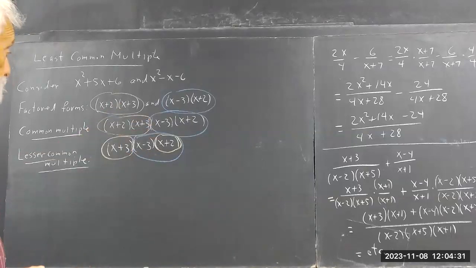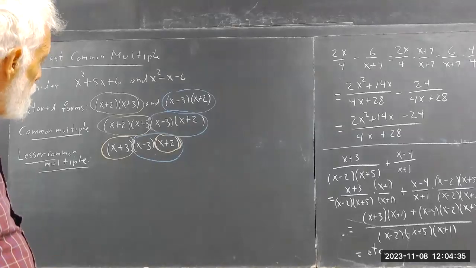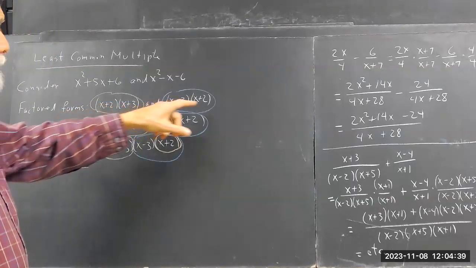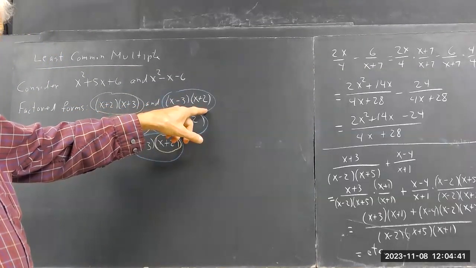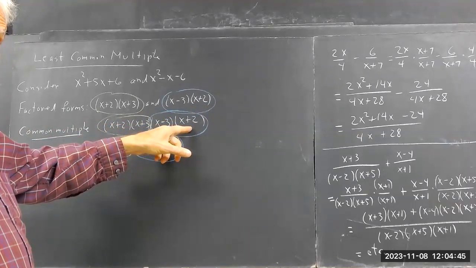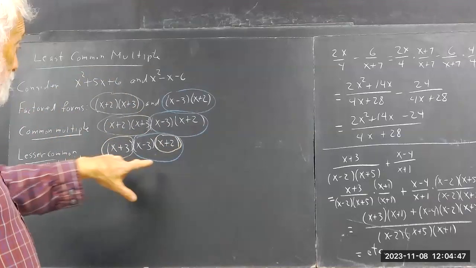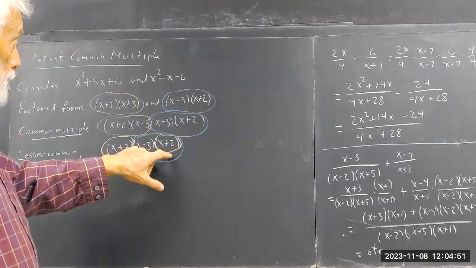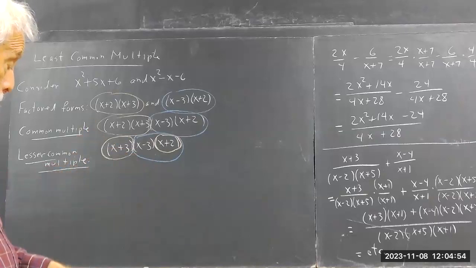Okay. Now, the reason we can do a lesser common multiple is both of these have x plus 2 in them. And we don't need x plus 2 twice to contain this. We just need one x plus 2. Or to contain this, we just need one x plus 2. Okay.